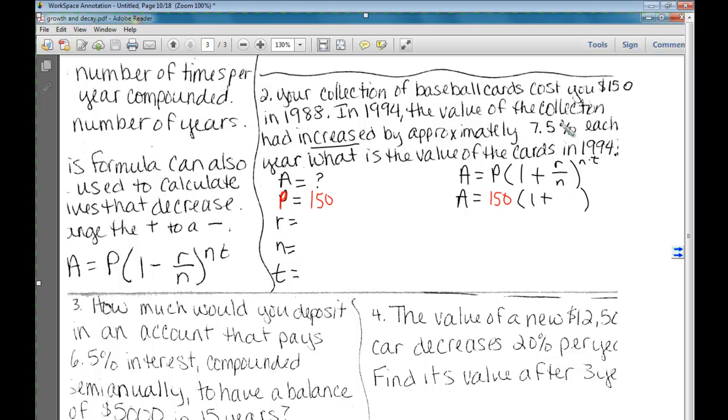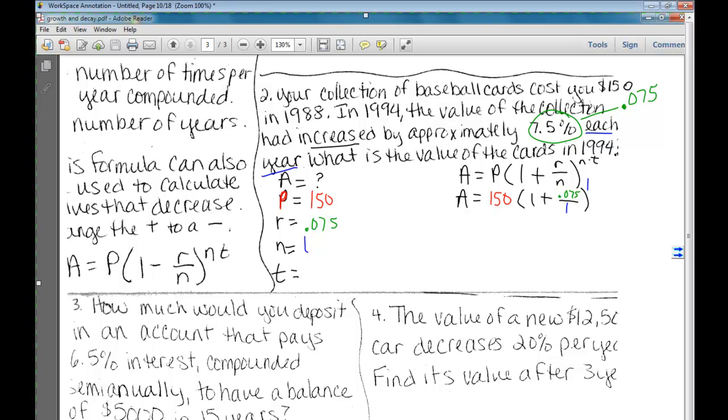The rate is 7.5%. Remember, we have to change that to 0.075. The number of times per year this is compounded, it says each year, so that's only one time per year.